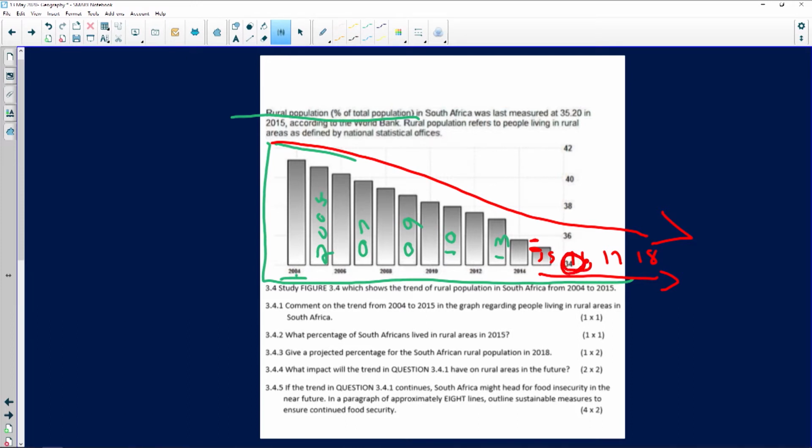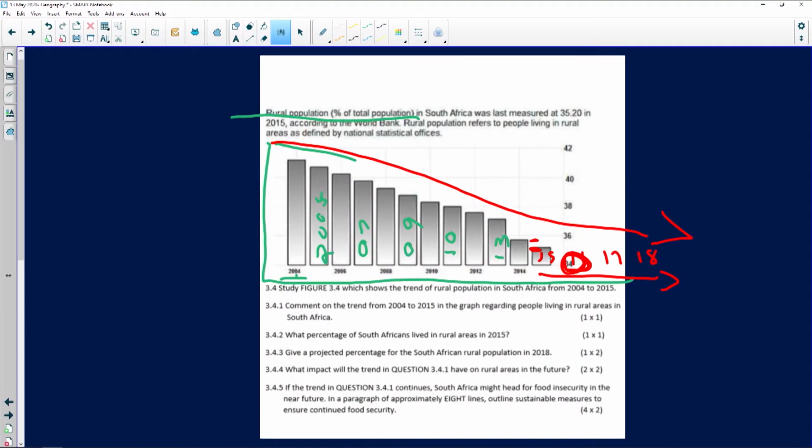Probably less than 34%. Do you think we will actually have a graph representing 34%? Probably not, because over the years, there's an increase of people moving away from the rural areas to the urban areas.